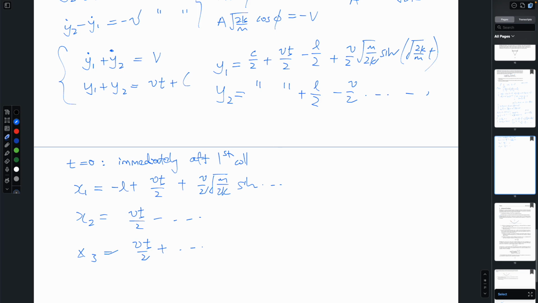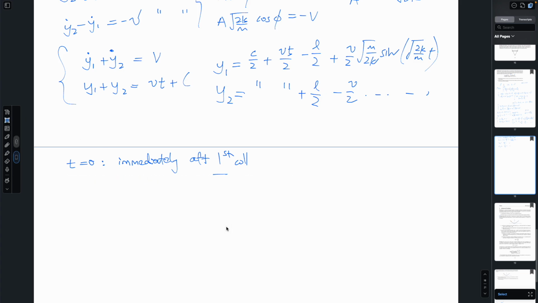Okay, but the point is, we want to find the time before the next collision. And for the next collision to happen, we don't really care about what 1 and 3 or 1 and 4 are doing. We only care about what 2 and 3 are doing, because we just need 2 and 3 to collide again.